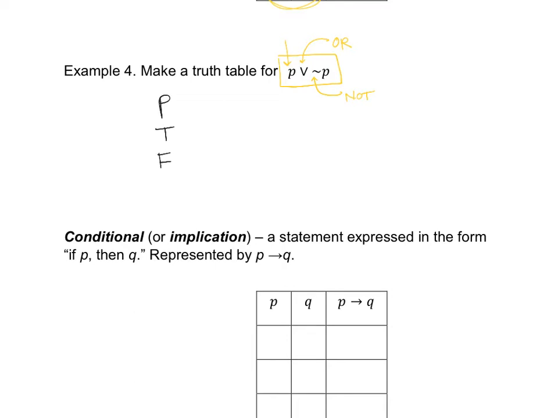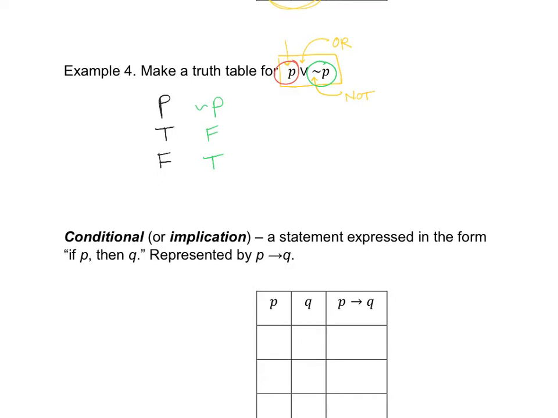So now we have a couple other parts. We're looking at P or not P. Then not P would end up being the opposite truth values of P. So we'll have a false and a true.